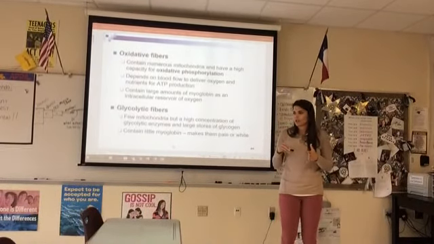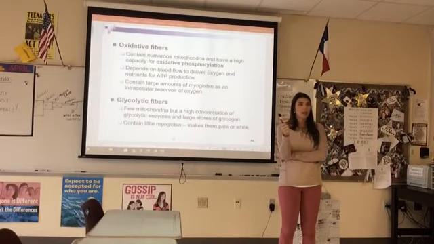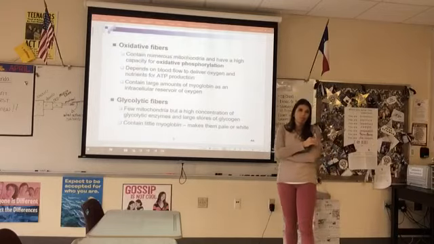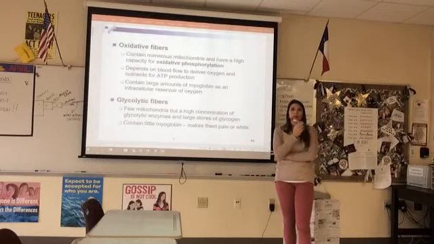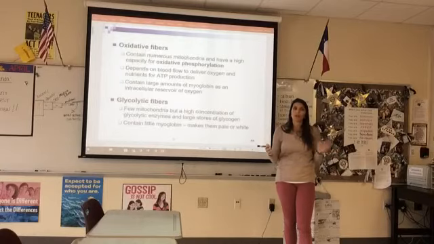Mitochondria are used to generate ATP. In order to have lots of ATP, you have to have lots of blood. Why do you have to have lots of blood to that area? Oxygen. You need a lot of oxygen to that tissue. So high mitochondria means high ATP, but high ATP requires a whole lot of oxygen. Oxygen comes through the blood.